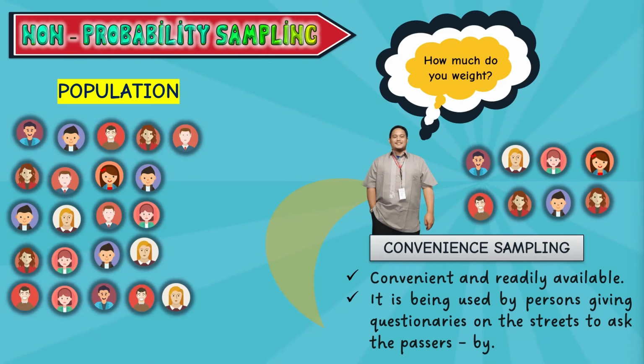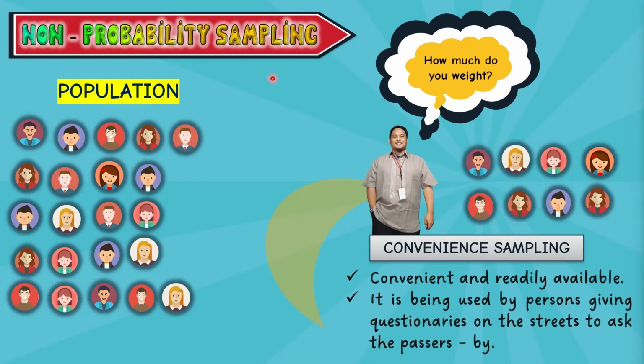So, since etong part na to ay malayo na kay researcher, hindi na sila magiging part ng kanyang sample. Kasi nga, again, malayo sila and maybe they are not ready. Okay? They are not ready kasi may mga ginagawa sila, may trabaho sila or something like that. Okay, so it is being used by persons giving questionnaires on the streets to ask the passers-by. No, ito nakikita natin to sa mga survey.